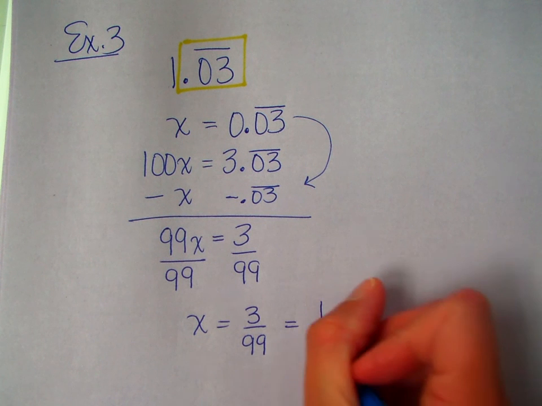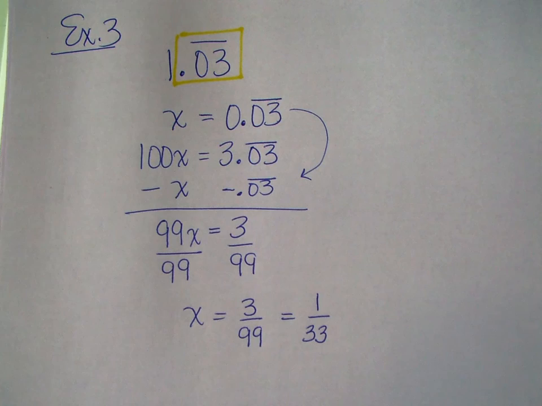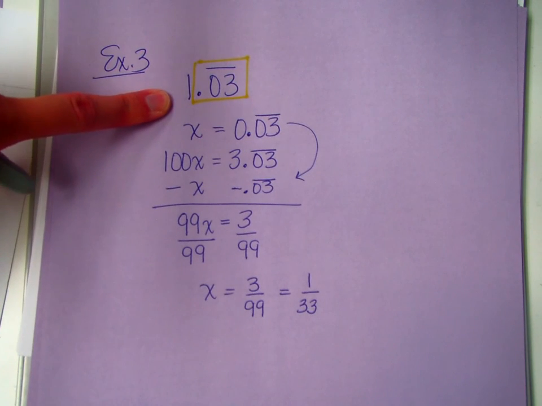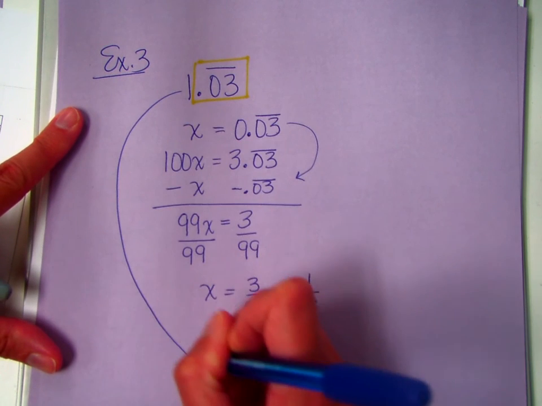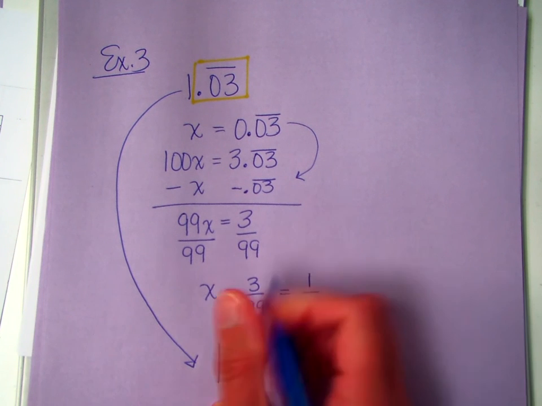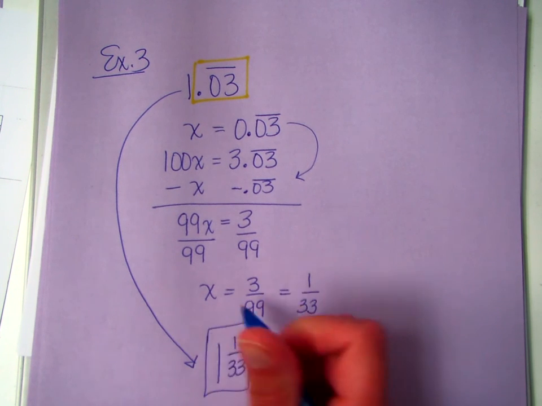And then one last thing to remember, what was up in front? 1. So you have to remember, just bring that down at the end. You had a 1, and then 1 over 33. So whatever number is in the ones place, it could be a 5, you just got to remember to bring it down at the end, okay?